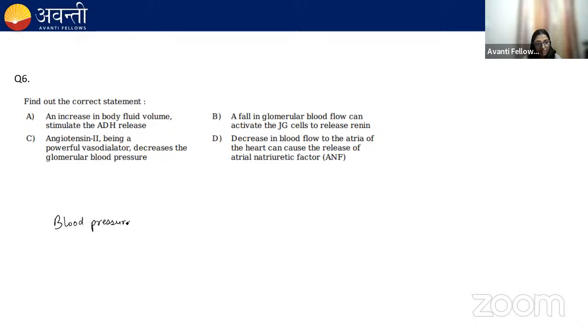So when the blood pressure is low, the juxtaglomerular cells release renin hormone.